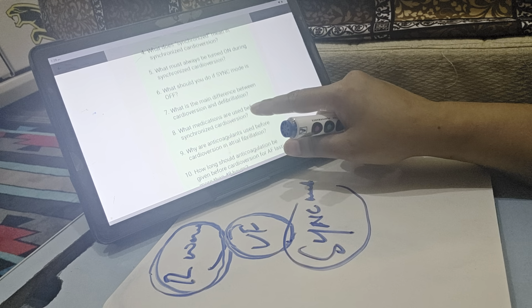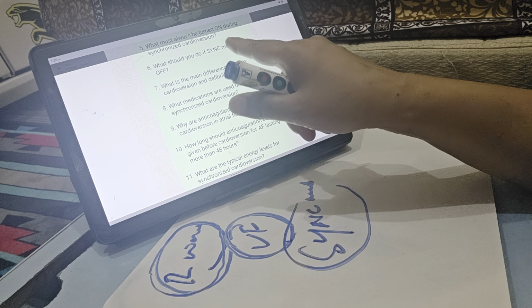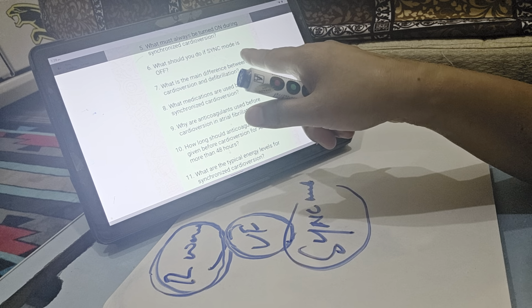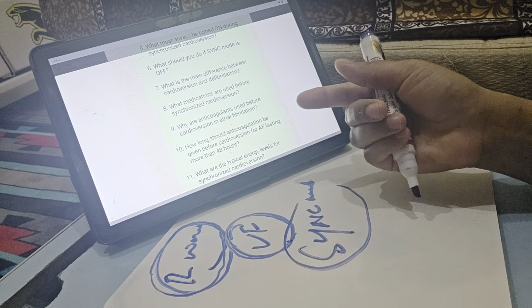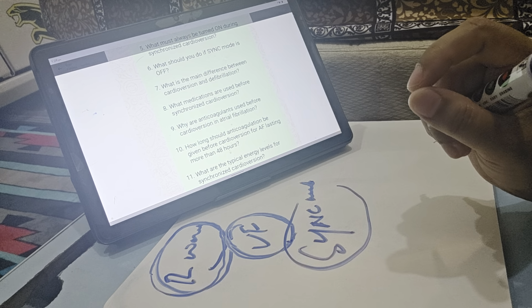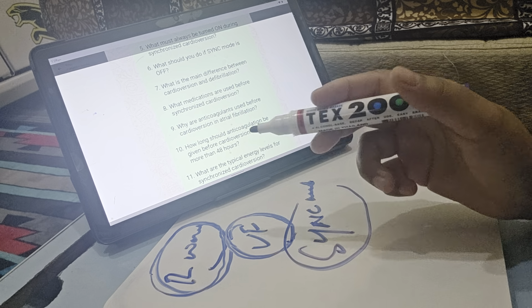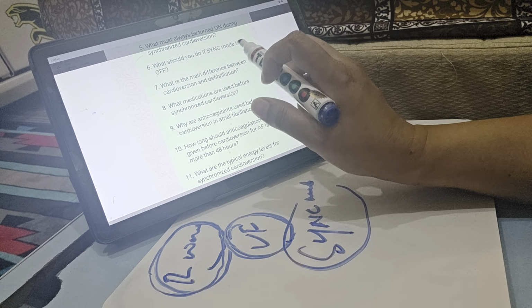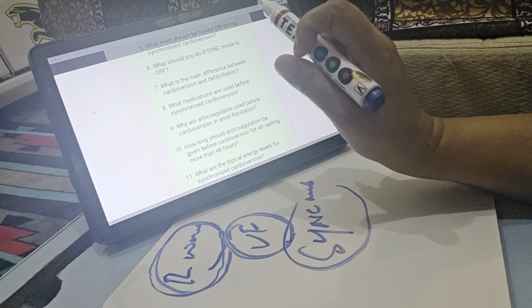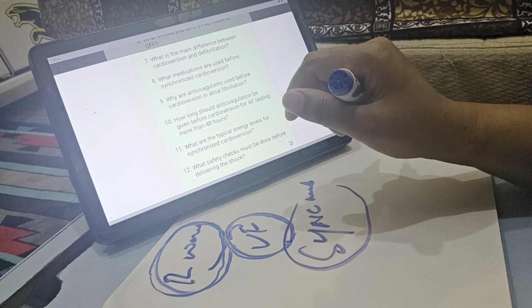Flashcard number 6: what should you do if sync mode is off? Turn it on before delivering the shock, otherwise the shock may occur randomly and cause ventricular fibrillation. We have to turn on the sync mode before delivering the shock.